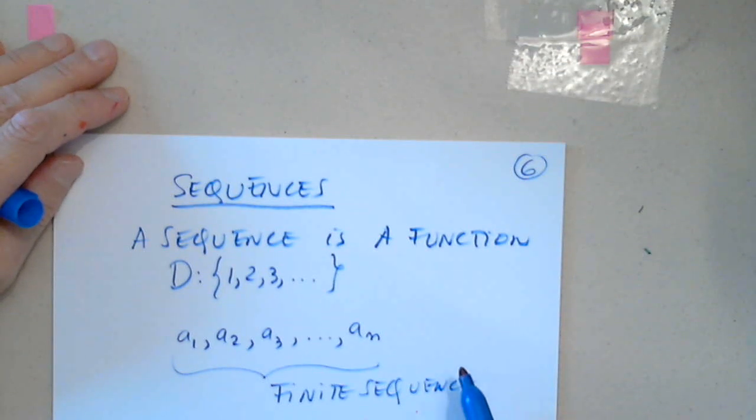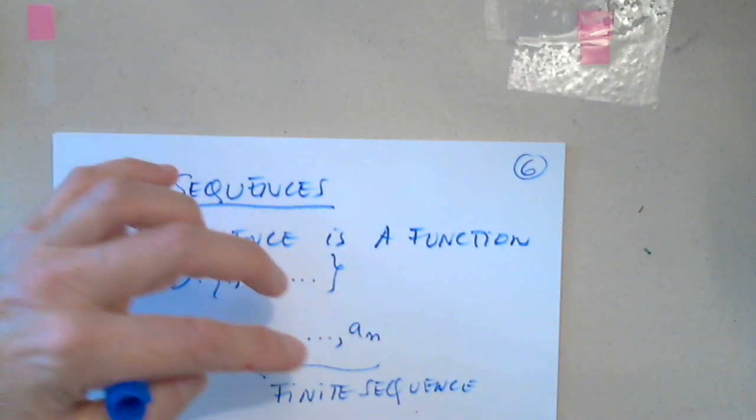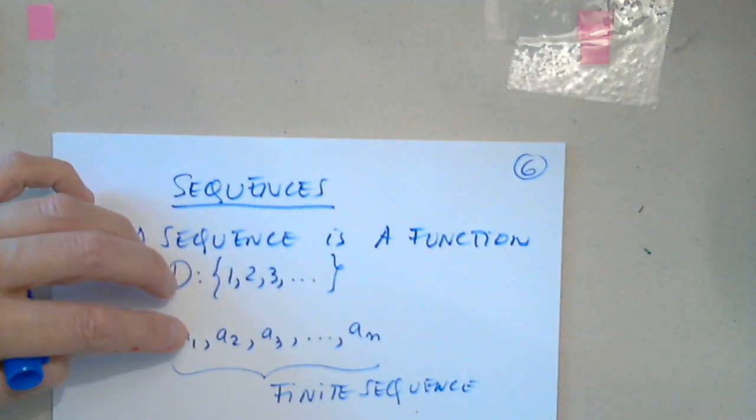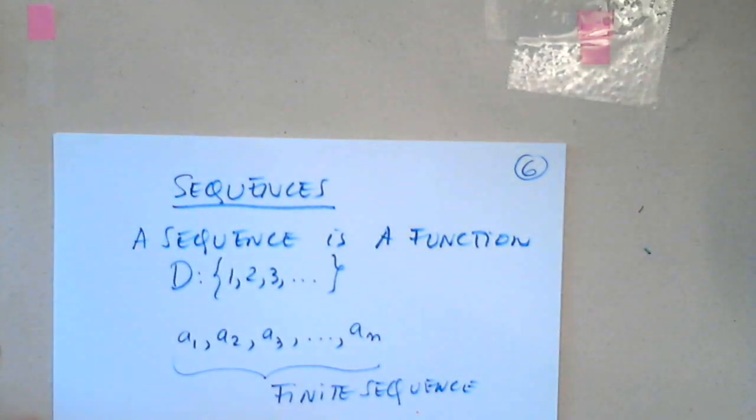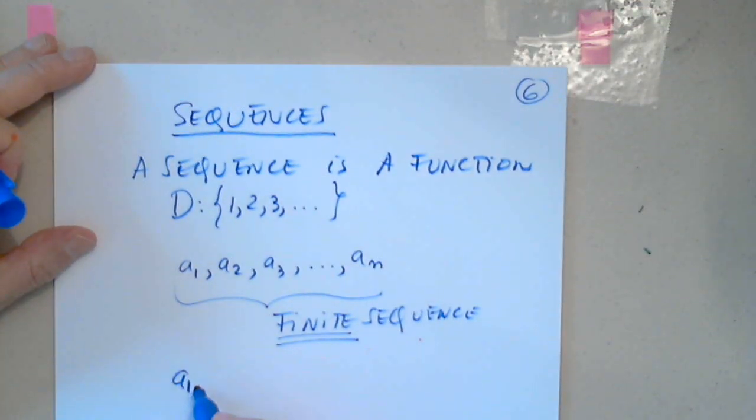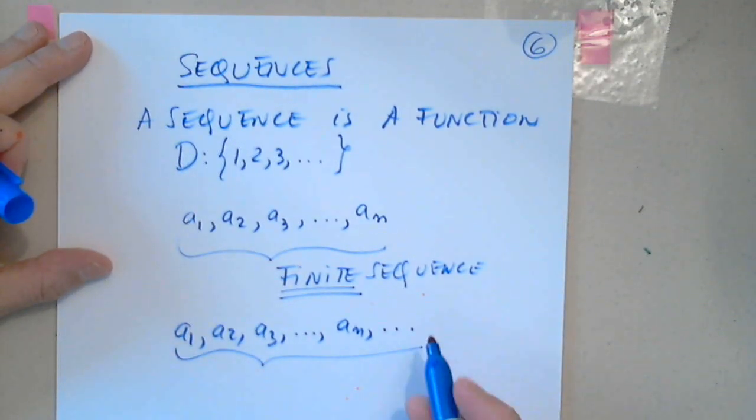It's called finite because it's not infinite. It ends somewhere. It may be from 10 to 1100, but it ends somewhere. That's why it's finite. Versus this one, a1, a2, a3, ... an ... This is an infinite sequence.